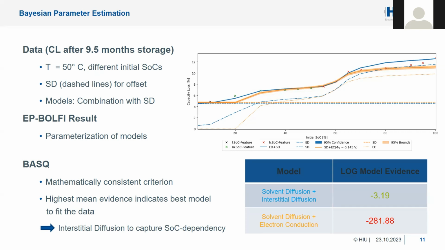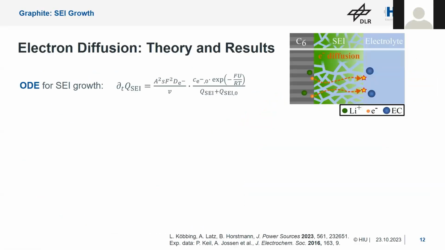So solvent diffusion plus interstitial diffusion. So most importantly, the electron diffusion for the SOC dependence. That is probably the most relevant mechanism here. And electron conduction, in no parameter combination, is really an important contribution.